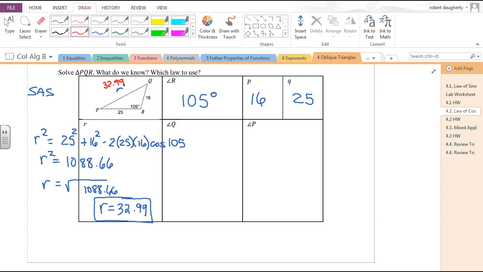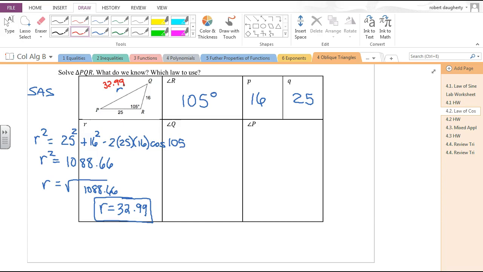Once you start law of cosine, you need to stick with it. There are some reasons for that that are more complex than what we're going to get into in this class. So once you use the law of cosine, you need to stick with it. If you initially can use the law of sine, that's fine, but never switch in the middle of the process. Okay? So now I need to figure out what these angles are, angle P and angle Q.